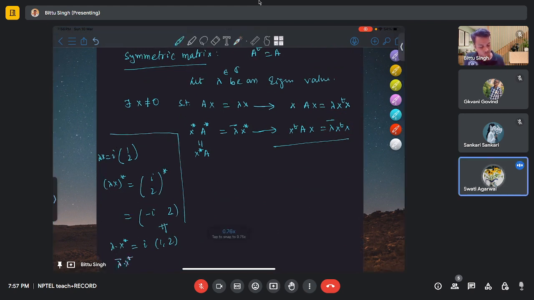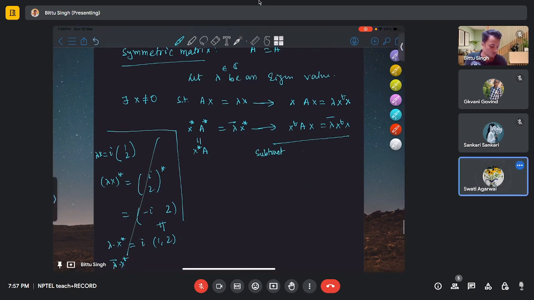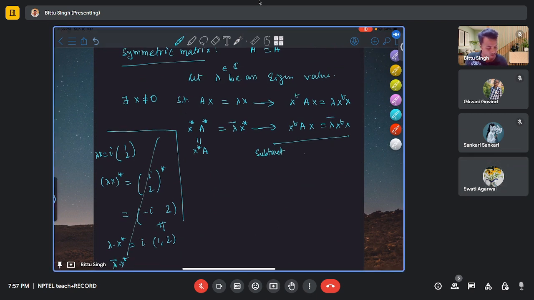So now if you subtract, it will give, sorry, x star now. Everything is star. Subtracting this, we'll get 0 equal to (lambda minus lambda bar) times x star x.